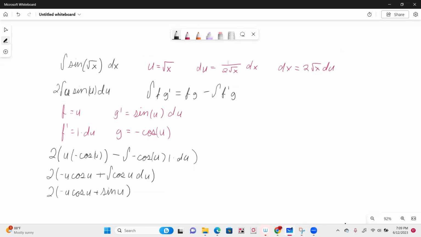When we undo our substitution, this is equal to 2 times, remember our u is root of x, negative root x times cosine root x plus sine root x. And do not forget our plus c.